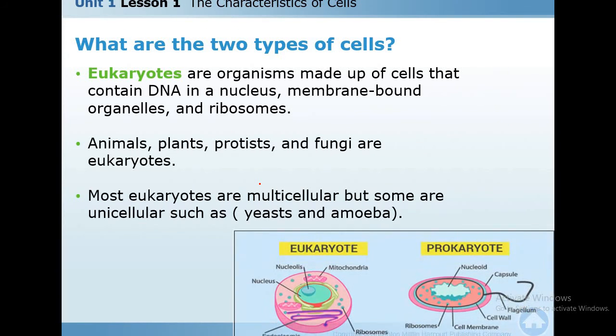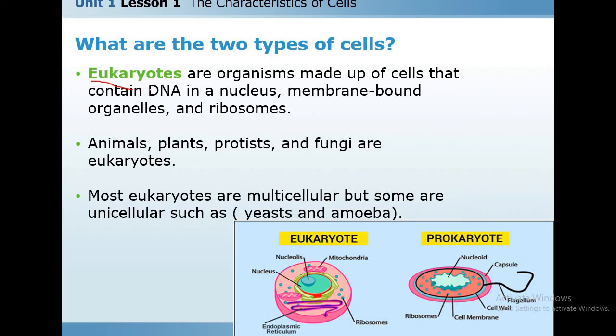The second type of cells is called eukaryotes. Eukaryotes are like humans, like a cell of humans and animals. They are multicellular. Eukaryotes are organisms made up of cells that contain DNA in the nucleus, like in humans. DNA is present in the nucleus. They have a nucleus and DNA inside the nucleus, and membrane-bound organelles and ribosomes.